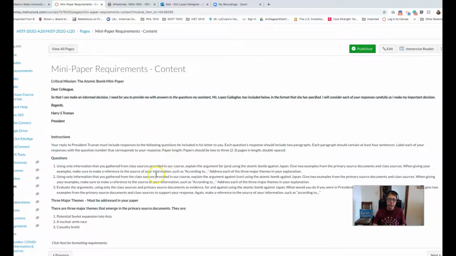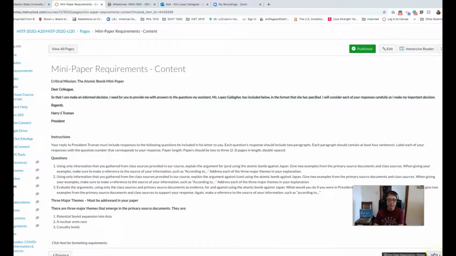Read through all of this very carefully. You're going to pretend you're an advisor providing President Truman with an analysis of the pros and cons of using the atomic bomb to end the war against Japan. And you're going to address those three themes in your paper.